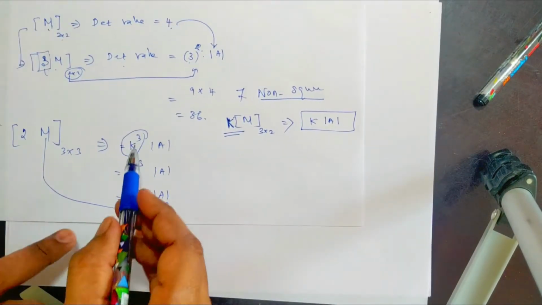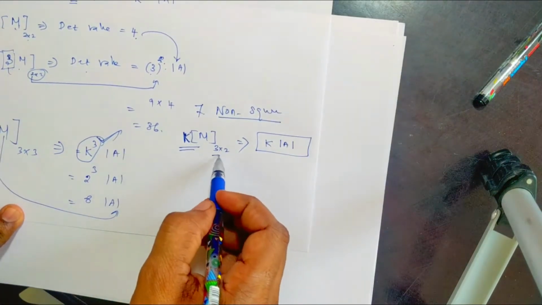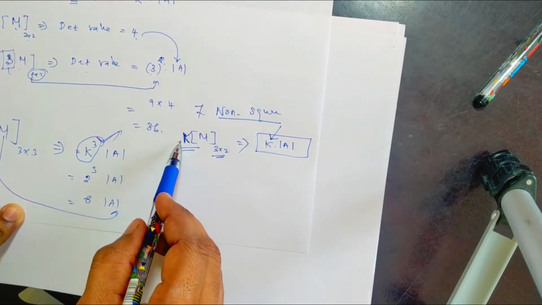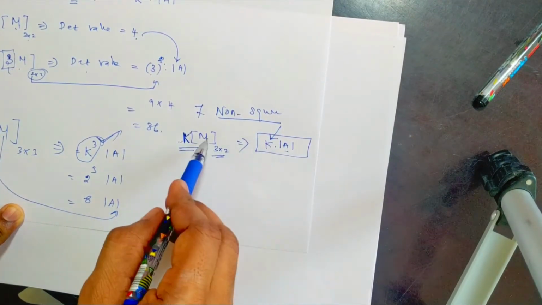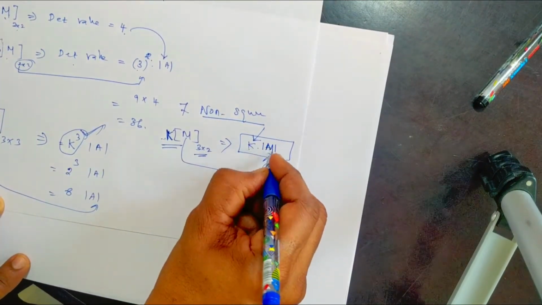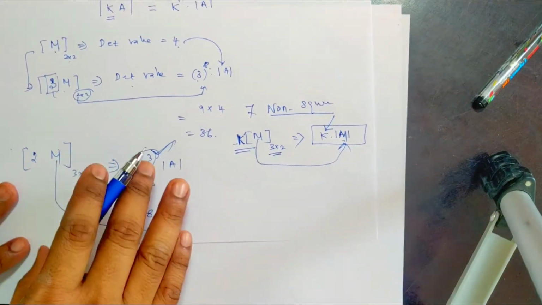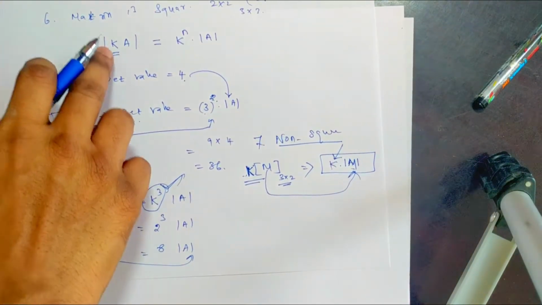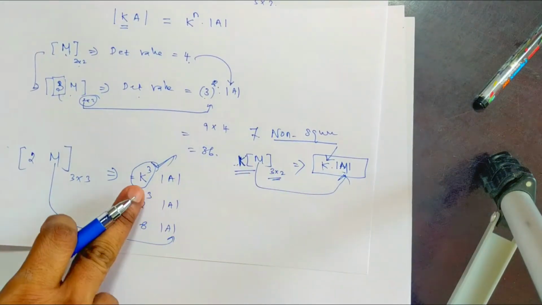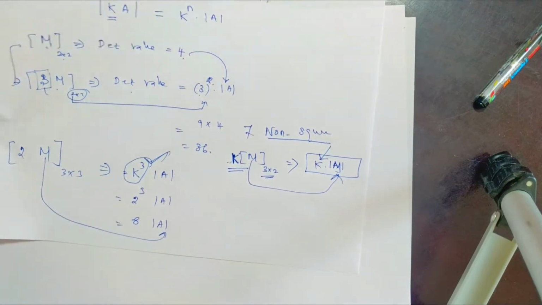For a square matrix, we have to calculate the k power n term, but if it is a non-square matrix, then it is the scalar value multiplied with the actual value, and you can keep it as M also for better understanding. Okay, so this is another important property.